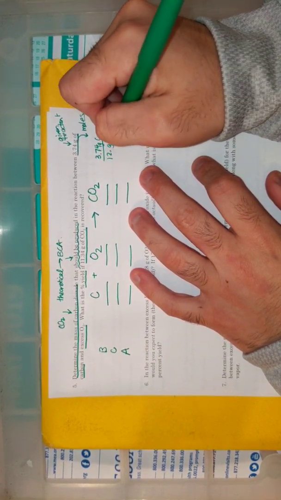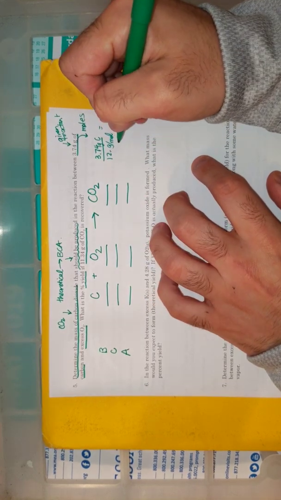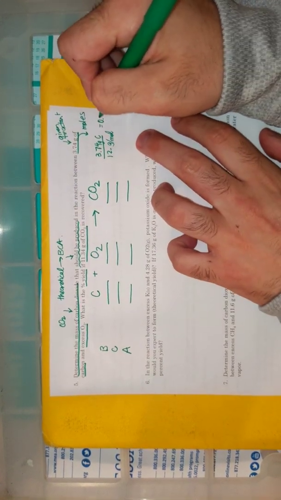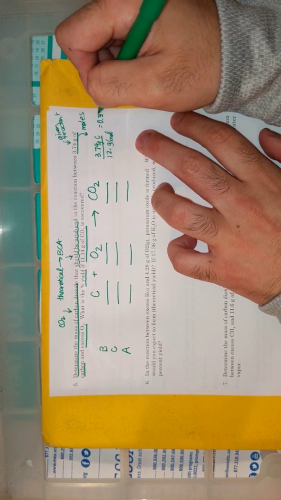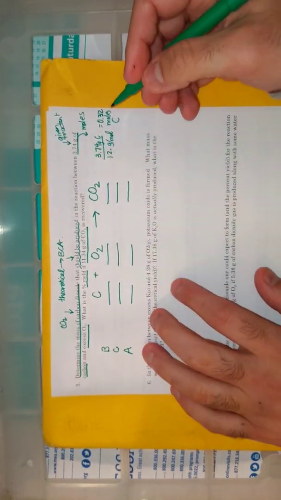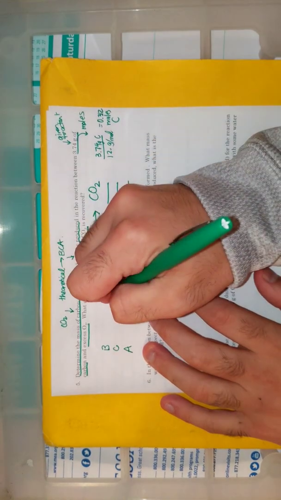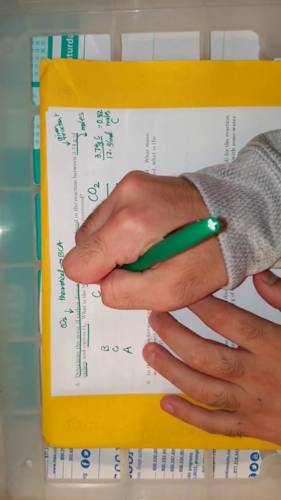I'm just going to do 12 grams per mole, because grams divided by molar mass is moles. So 3.74 divided by 12, I get 0.312 moles of carbon. That's what I have before. It starts with 3.74 grams, and those 3.74 grams are 0.312 moles. So I'm going to put that here.